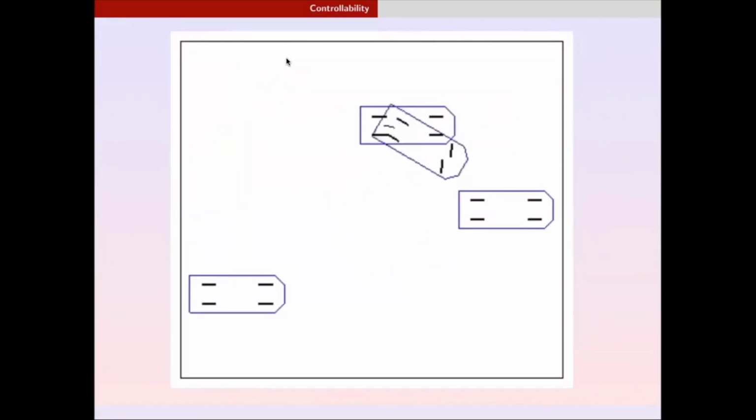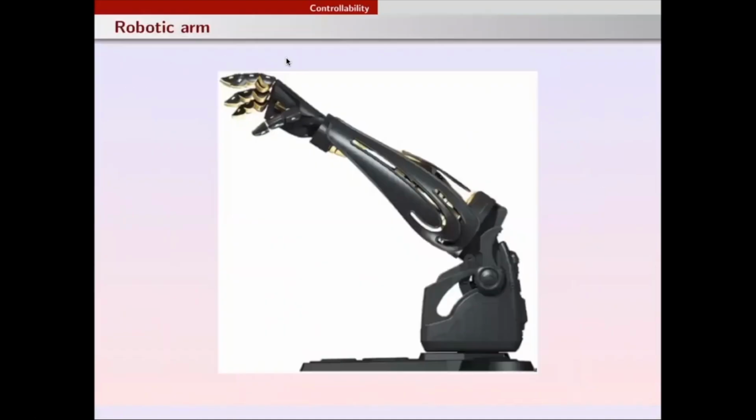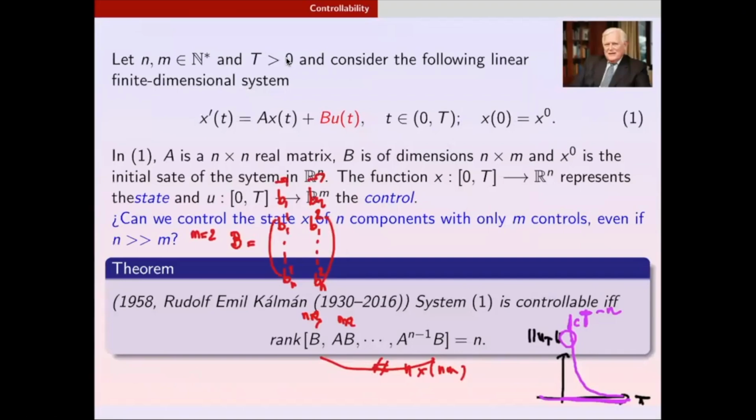Of course, the answer normally to the question about the restriction is that in practice, if you understand that this is the shape of the cost of controlling the system, and there is a threshold, if I tell you, listen, this is the money I have, this is how much energy I can use, this is how much gasoline I can put in my car, then if this is the threshold, the constraint, the upper bound on the control, the answer will be, okay, then you have to give me that much time.